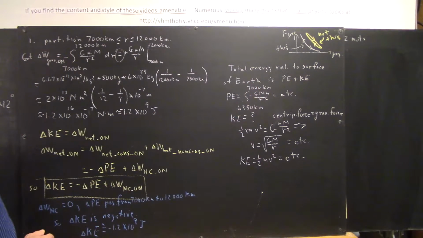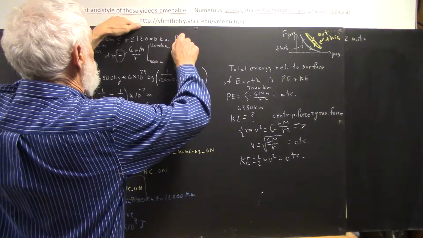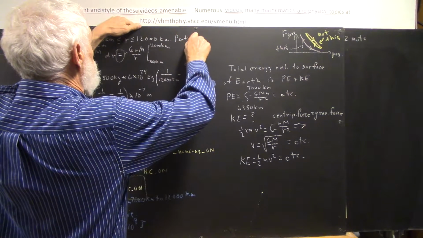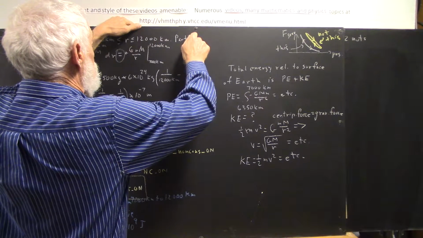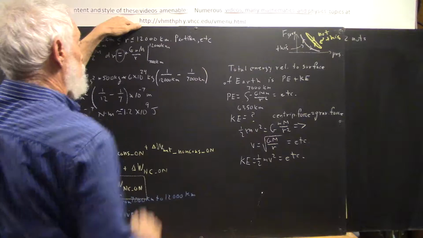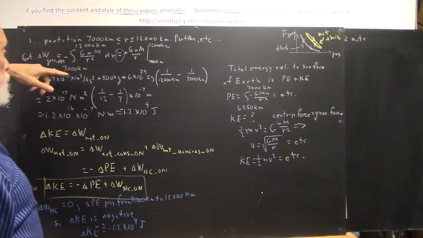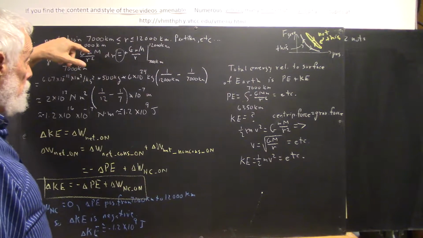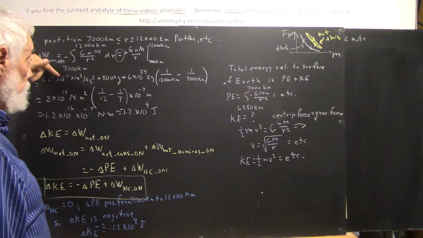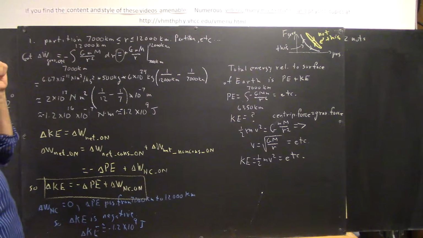Okay, so naturally we partition, etc., as we saw in the preceding class, and we end up with an integral of big G, little m, big M over r squared from 7,000 kilometers to 12,000 kilometers.